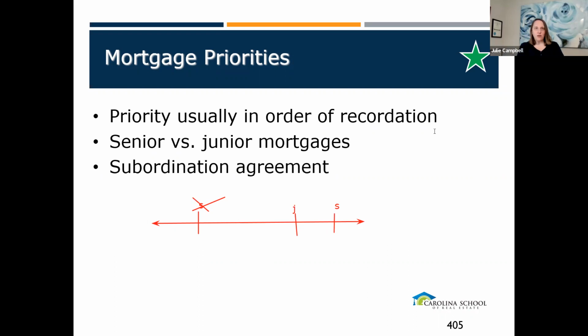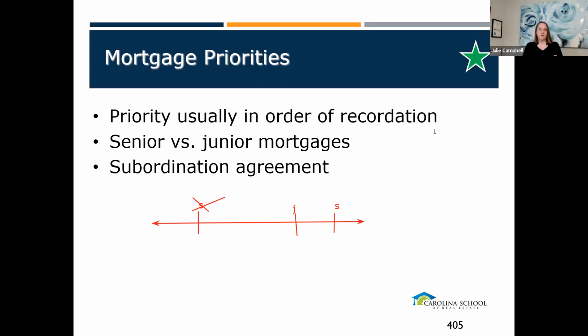The senior mortgage is not going to agree to do the financing if the junior mortgage doesn't agree to subordinate. So in order for the senior mortgage to do the refinance, the junior mortgage has to agree to be placed in a lower ranking than the senior.